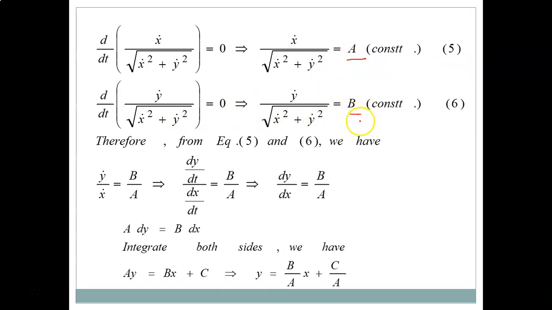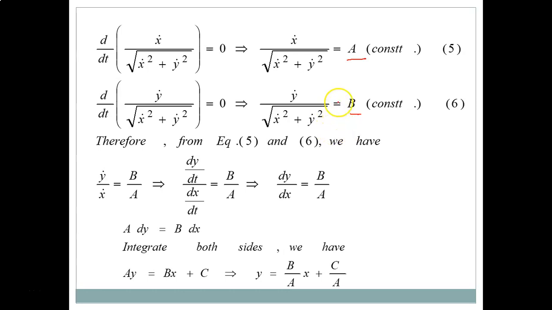Therefore from equations 5 and 6, because actually we want to find the extremal of a functional, and that functional has two variables, one dependent and another independent. If y is dependent and x is the independent variable, then the solution should be in terms of y as a function of x.